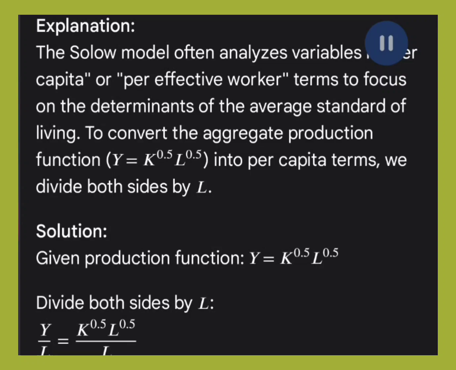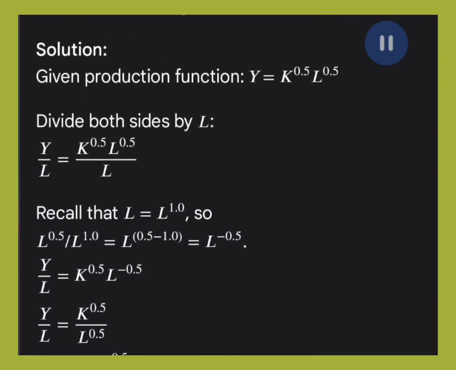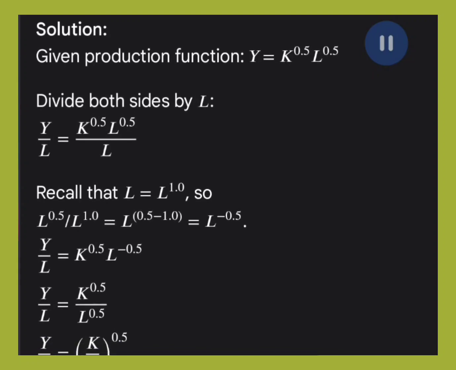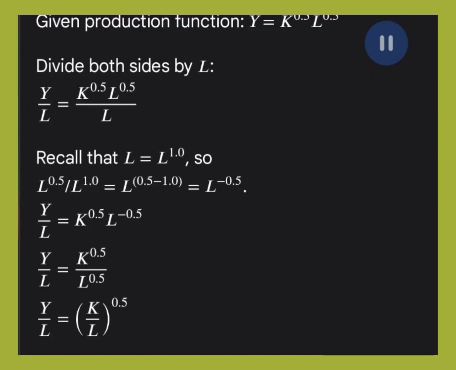Solution: given production function Y equals K to the power of 0.5, L to the power of 0.5, divide both sides by L. Y over L equals K to the power of 0.5, L to the power of 0.5, over L. Recall that L equals L to the power of 1.0, so L to the power of 0.5 over L to the power of 1.0 equals L to the power of 0.5 minus 1.0, equals L to the power of minus 0.5.